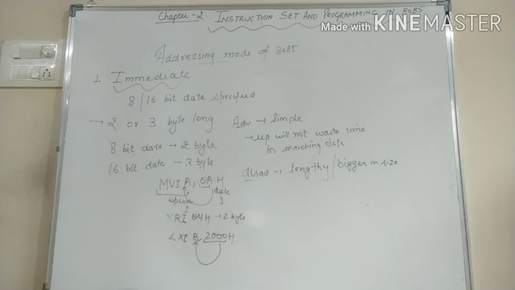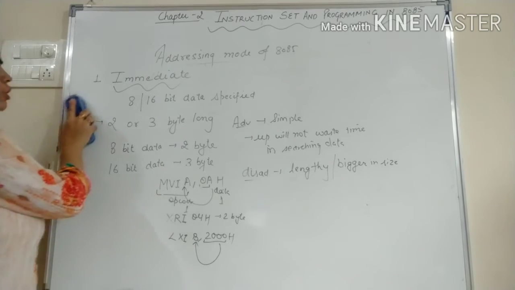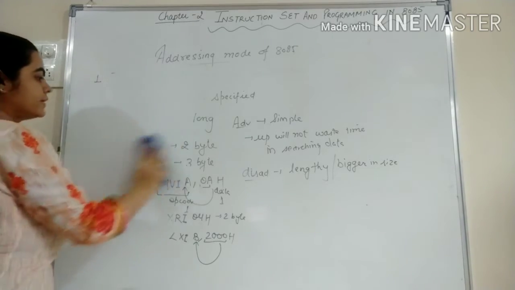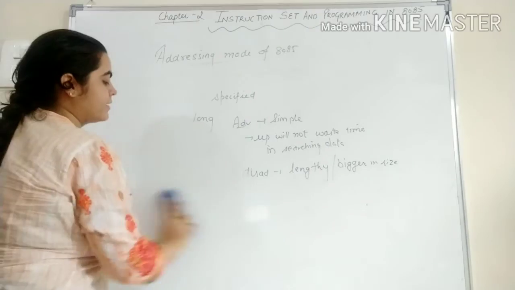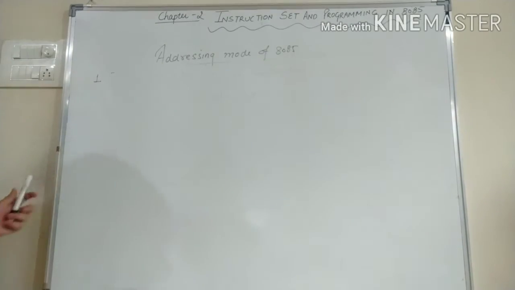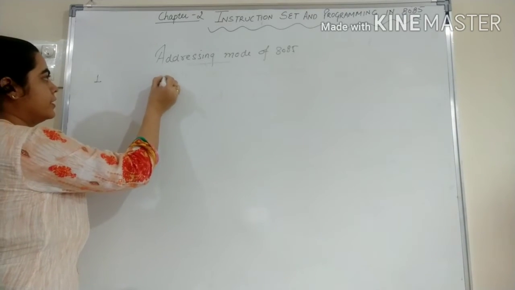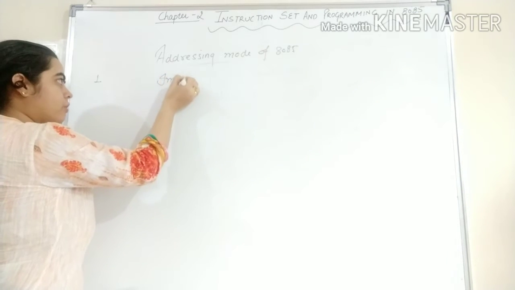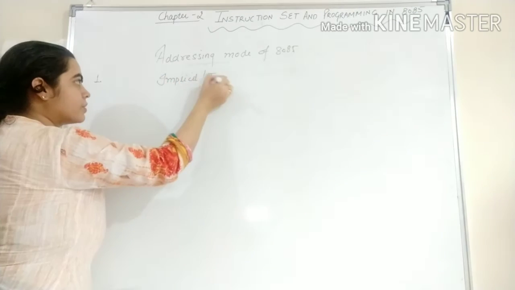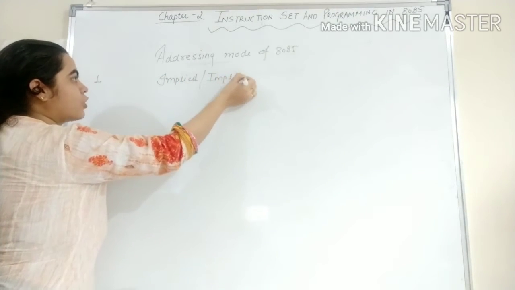So now we can come to the next addressing mode, that is implied addressing mode. Now students, implied or implicit addressing mode means it does not require any explicit operand.